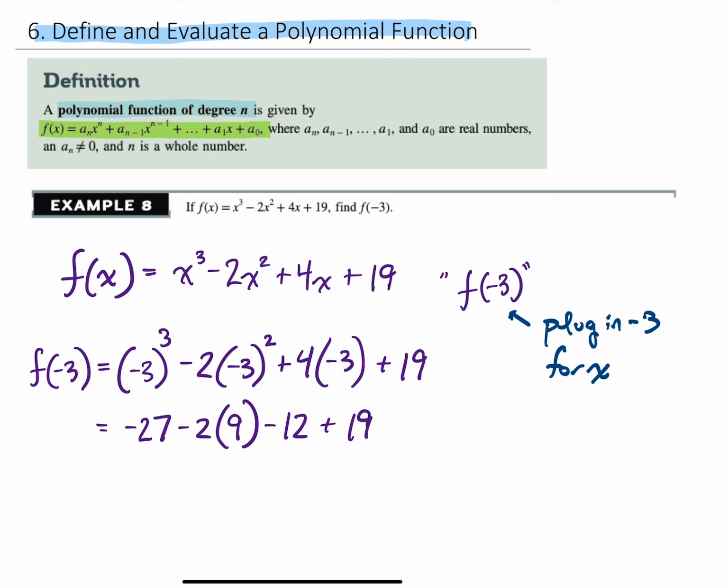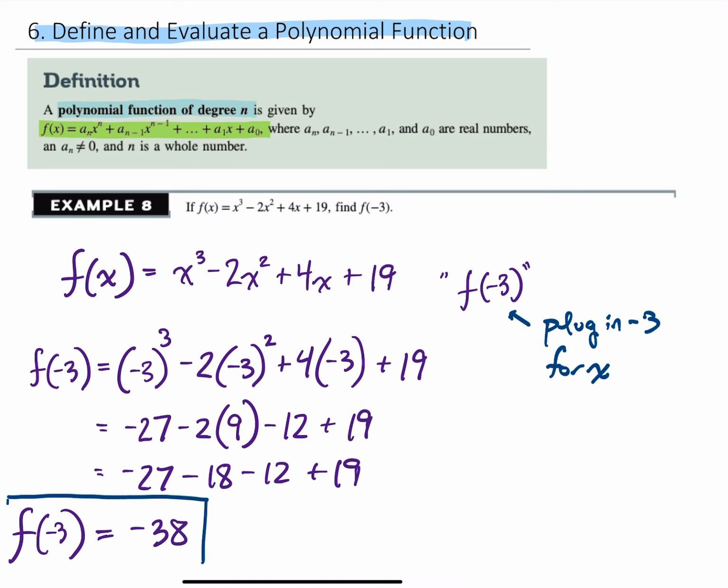Plus 19. So that means this should be -27, -18, -12 plus 19. If we combine all those together, you should get -38. So we can say f of -3 equals -38.